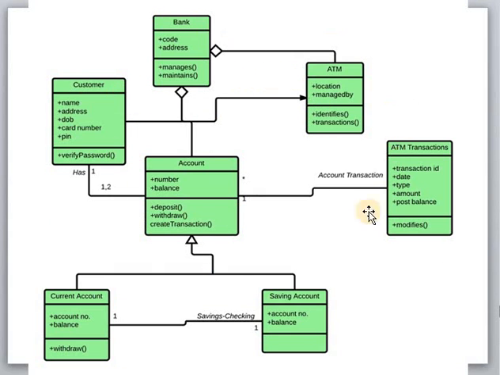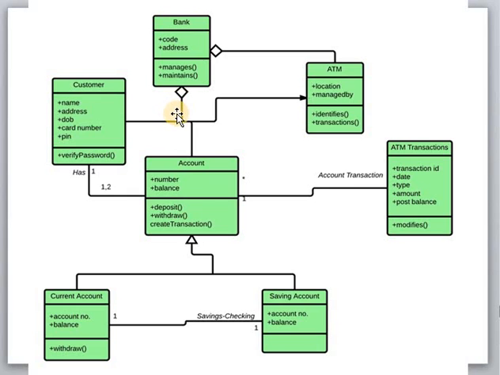In the ATM system, we will have a number of classes: the bank class, the customer class, the ATM class, the account class, the ATM transaction class, the saving account class, and the current account class. The relationship between the bank and ATM is basically the aggregation relationship where the child can live without the parent class, which is bank.